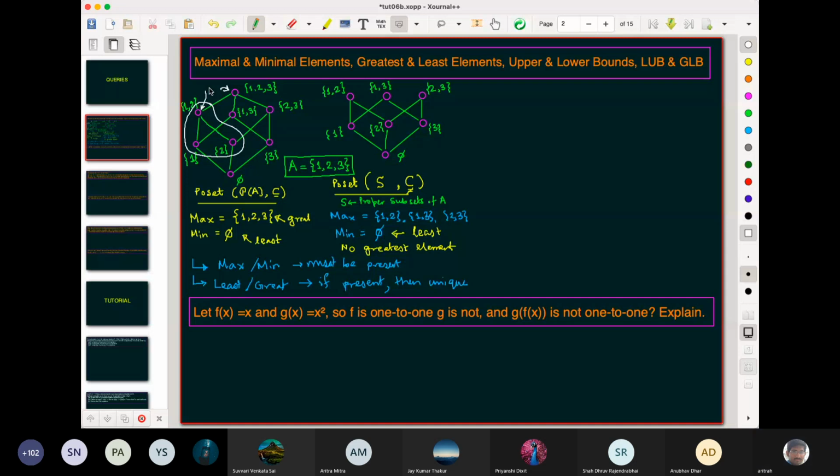Okay. So if you agree that there are two upper bounds for the set that I have circled in white, then what is the least upper bound? This one, right?